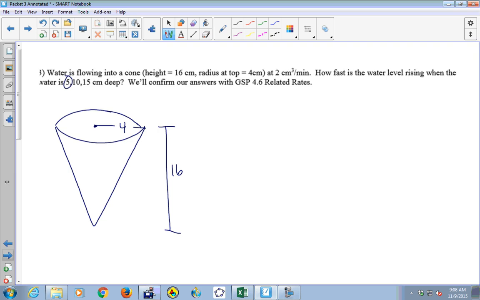But water is flowing in here, and so the water level is changing, as is the volume of water in the cup. So I'm just going to draw, maybe I'll put it in blue for water. So here's the water in the cup. The radius of the water is changing, right? As you fill the cup up, that radius gets bigger. Okay, and the height of the water level is also changing, so I'll call that h.